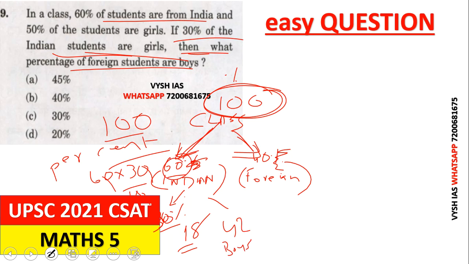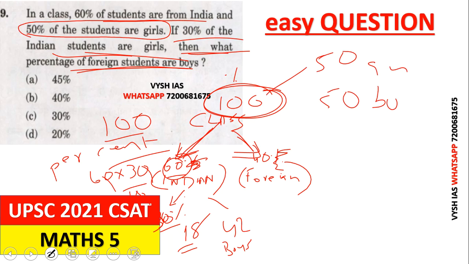What percentage of the foreign students are boys? This one line we skipped, that is why: 50% of the students are girls. 50% girls means total there are 50 girls and 50 boys. Among Indians we already got 18 girls and 42 boys, but in total we have only 50 boys.